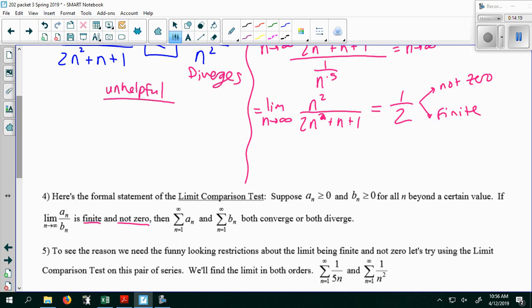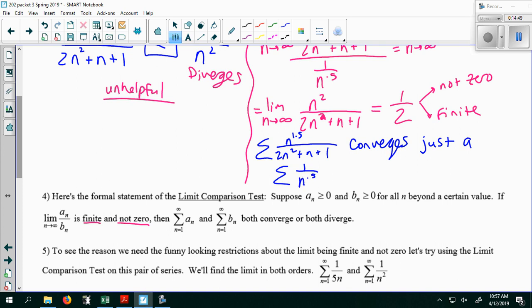So my final sentence here is going to be: the sum of n to the 1.5 over 2n squared plus n plus 1 diverges, just as the p series 1 over n to the 0.5 diverges.